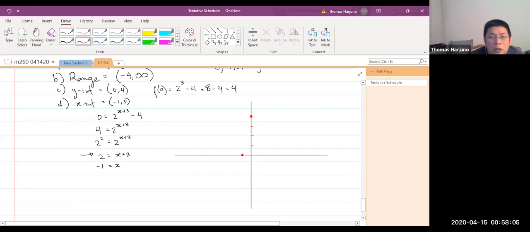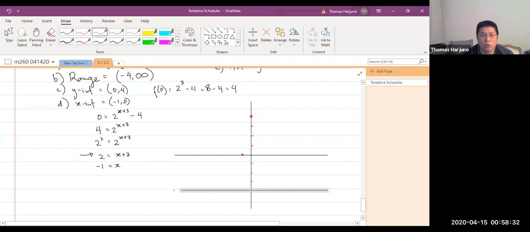And then y equals -4. So this is the horizontal asymptote. Yeah, that's the horizontal asymptote.